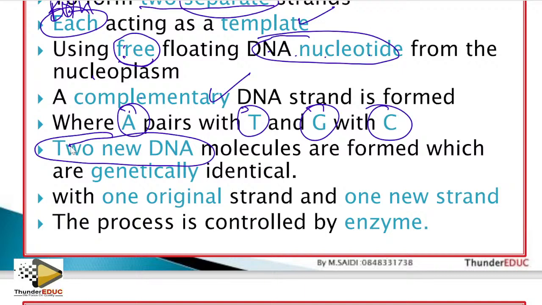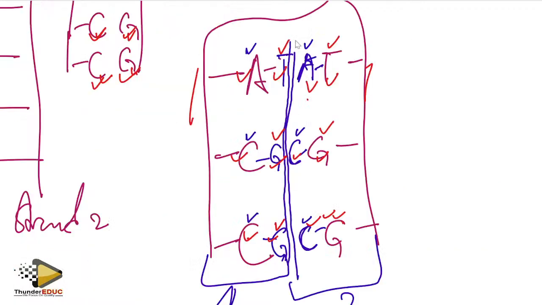They are formed, they are genetically identical. I've explained to you how they are genetically identical. We have seen that before and after, the things are the same. The two new DNA which have formed are genetically identical. Don't say that they are identical. They are genetically identical because we are talking about genes.